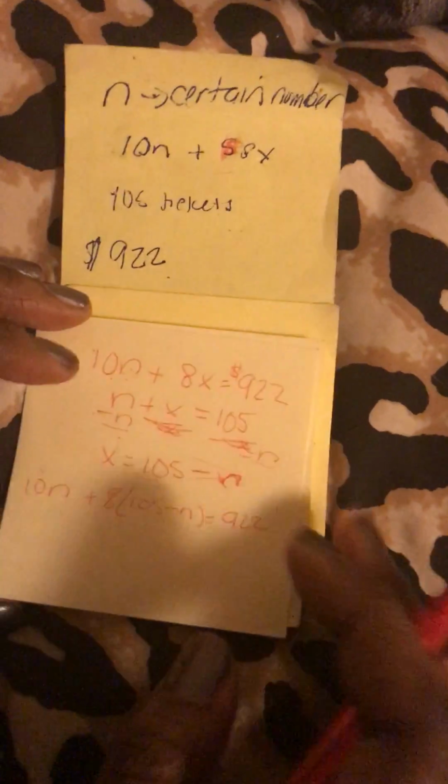Let's make sure I do 8 times 105 and 8 times N correctly. Gotta multiply, gotta distribute it. 105 times 8, 840 is that amount that I need to use when we distribute.